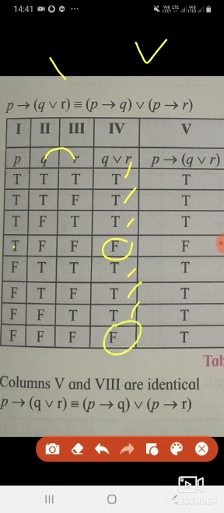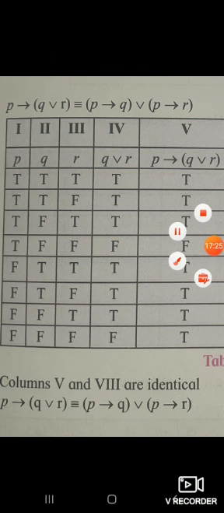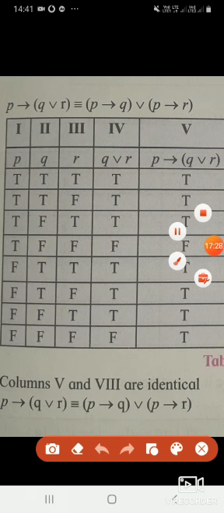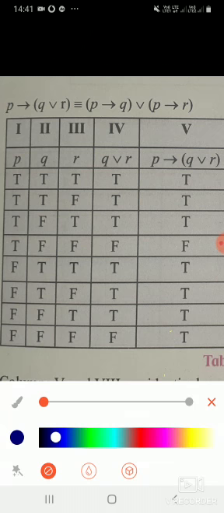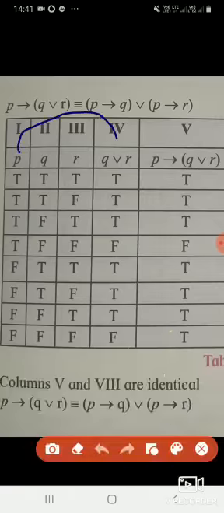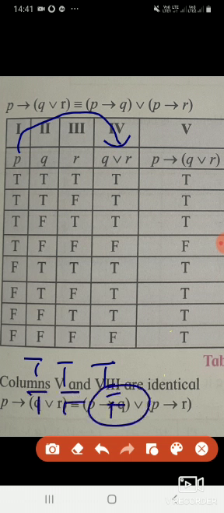Now listen, the next table is the conditional table, the truth value of the conditional P to Q or R. What is a conditional table? Both true, it will be true. True to false is false, and false to true is true.